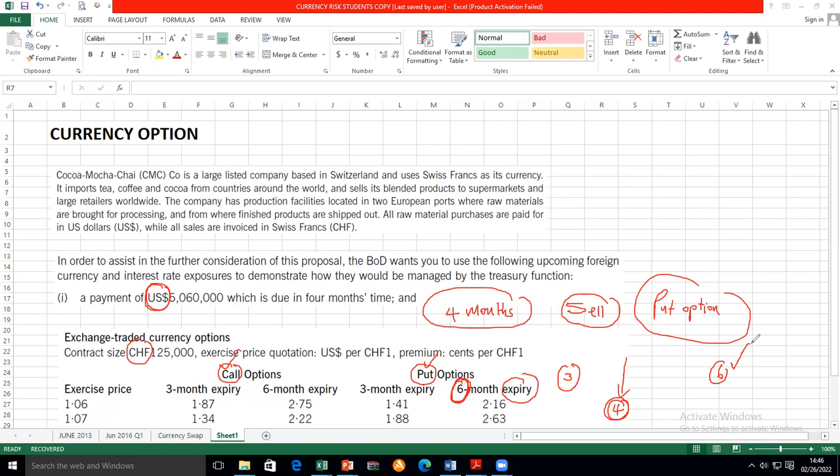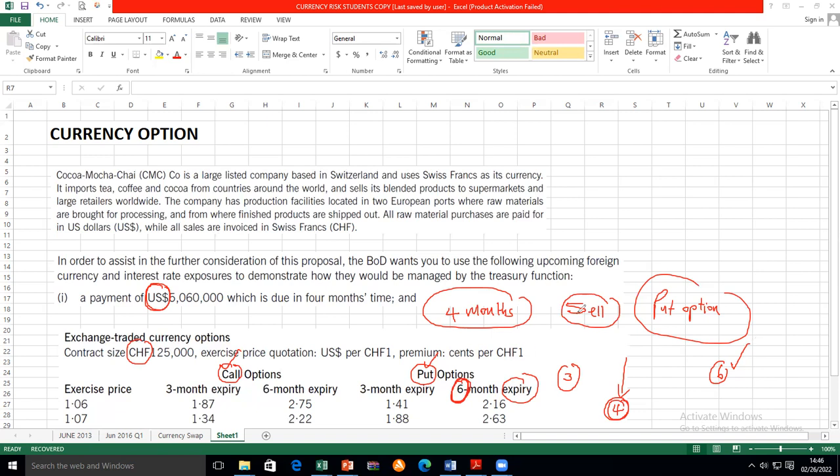In other words, you'll not be covered anyway. So that is the logic. Have you followed the logic? Our transaction is coming in 4 months' time. So if you pick the one that expires in 3 months, it means that you remain uncovered after 3 months.